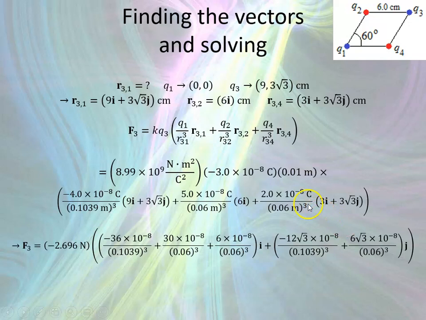I also did a little bit of math here. Out in front, I combined my Coulomb constant with my Q3 and my 0.01 meters. And I also noted that I have coulombs that will factor out of this expression for units, giving me a coulomb squared out here when you combine with this other coulombs here. Oh, that cancels the coulomb squared in the denominator. That's nice.